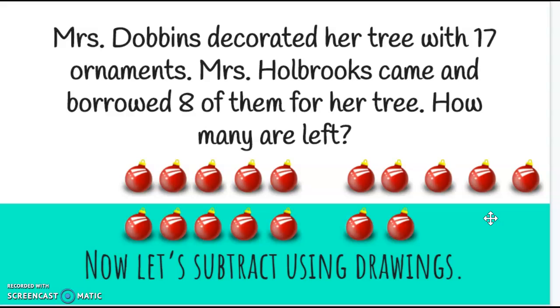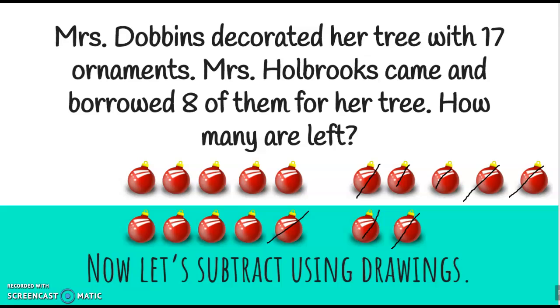Okay, now that you have your 17 circles drawn, it says Miss Holbrooks came and borrowed 8 of them. So if Miss Holbrooks is borrowing 8, she's taking them away from Miss Dobbins. So we're going to cross out 8 of them. On your paper where you have 17 circles drawn, I want you to count and strike out 8 of them. So 1, 2, 3, 4, 5, 6, 7, 8.